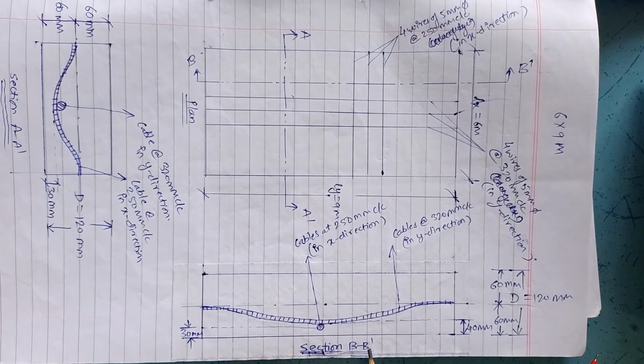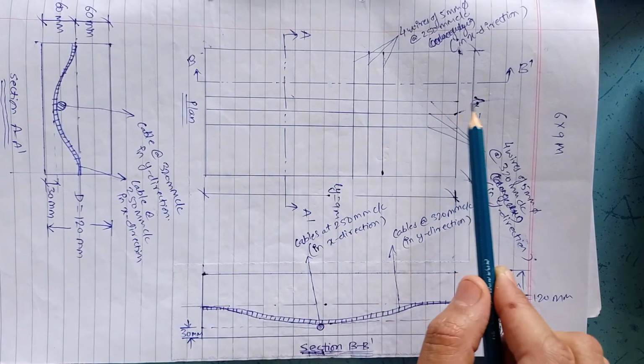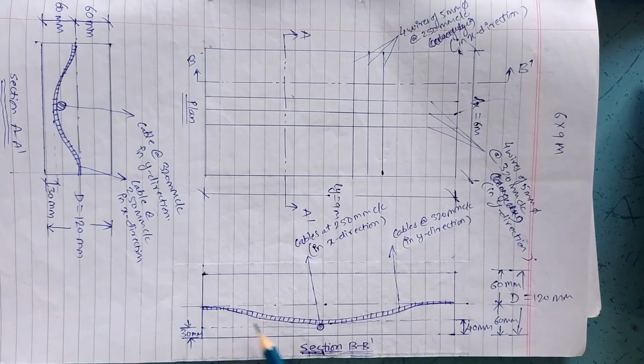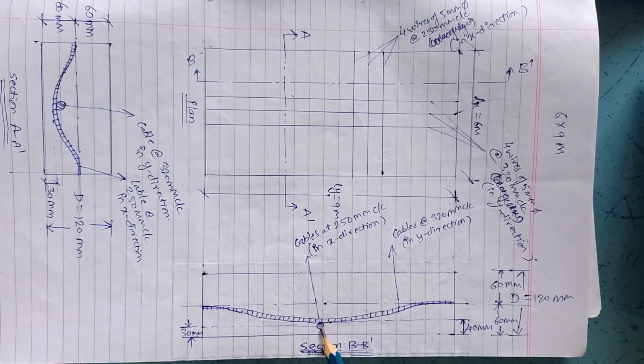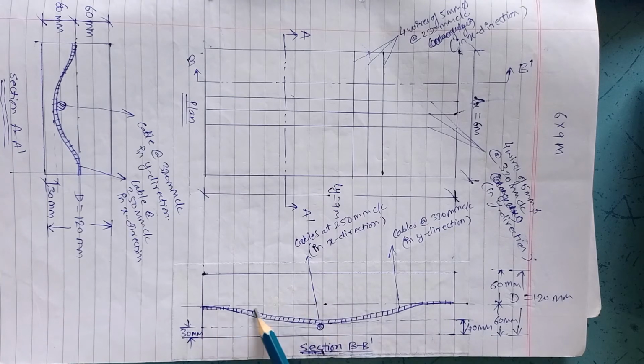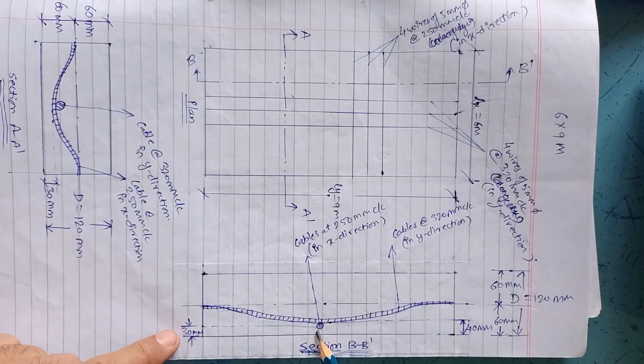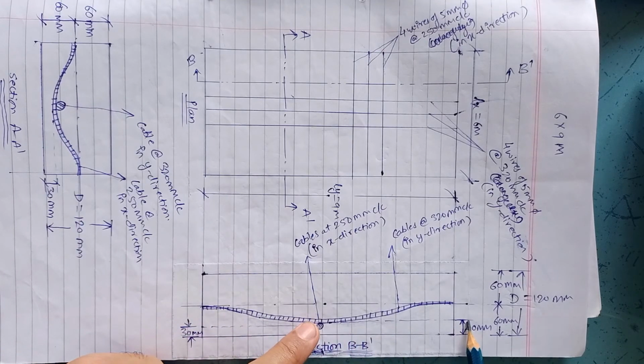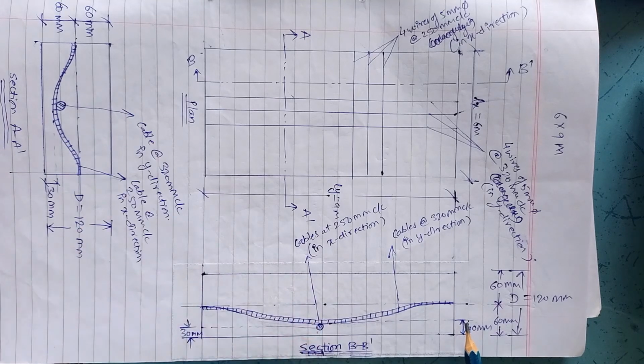Now this is the section B dash, which shows the cables along X direction in section, and this is the profile for cables in Y direction. Cables in X direction are placed at a cover of 30 mm from the soffit, whereas cables along Y direction are placed at 40 mm from the soffit.